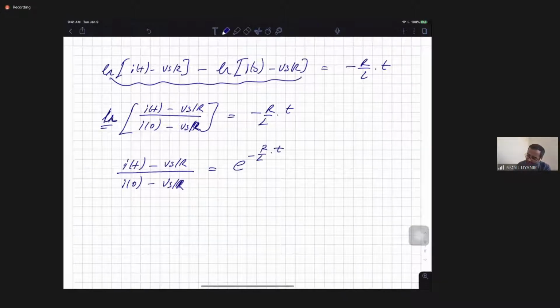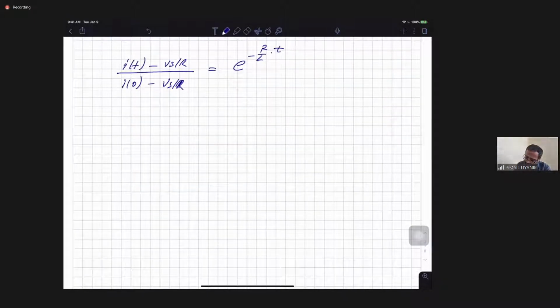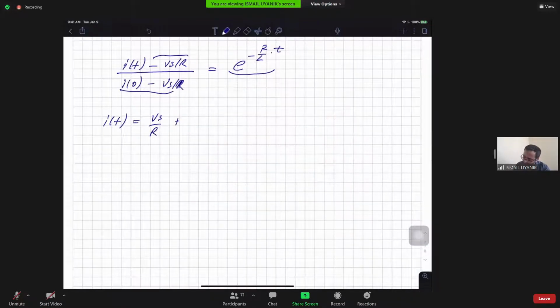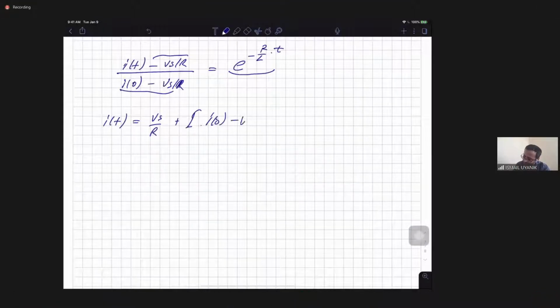Then I will just calculate I of t from here. That will be very simple. I of t is going to be a constant, Vs over R, plus I0 minus Vs over R times e to the minus R over L times t. So this is my solution for the inductor current when you have a forced response, right?